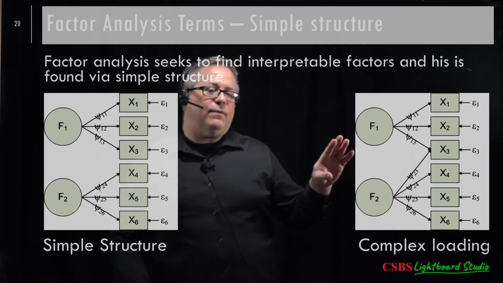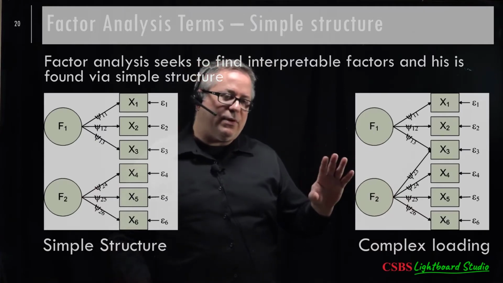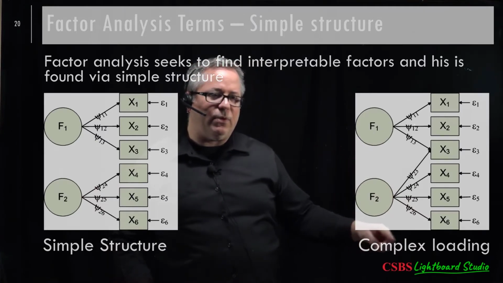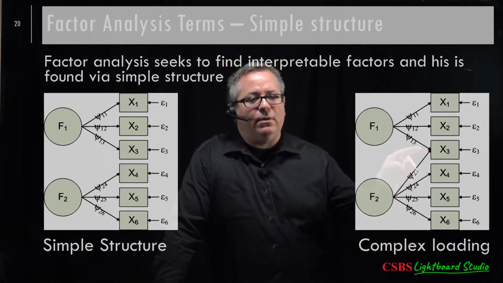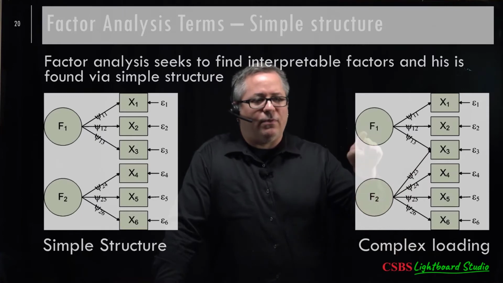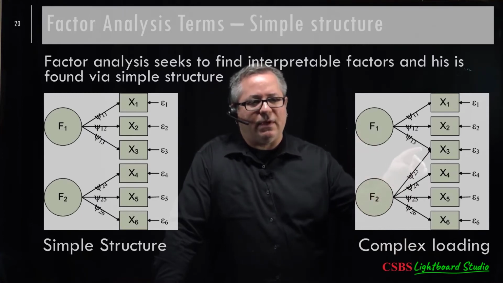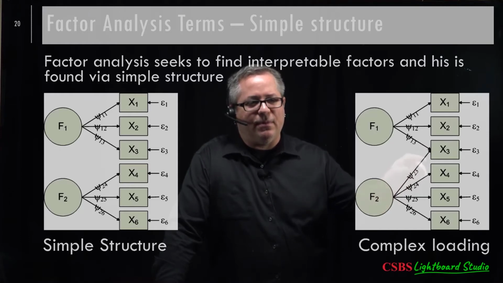Here you have something that's not simple structure, because anytime you have something called a complex loading, where item number 3 here loads on both factor 1 and factor 2, this represents an item loading on both factors simultaneously.